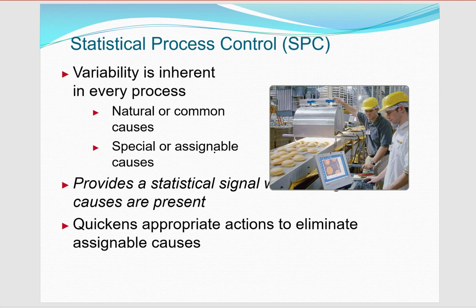So SPC provides a statistical signal that helps us identify when those special causes of variation are present, and it helps us be more reactive and take action and remove those sources of variation quickly.